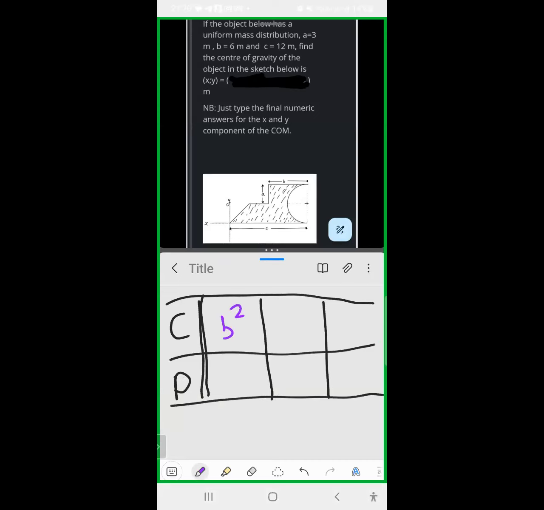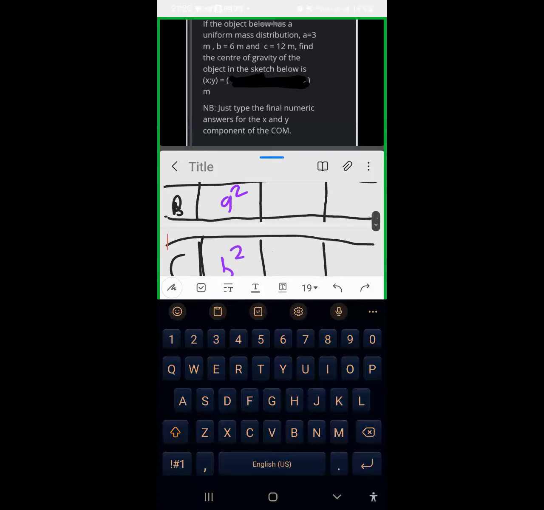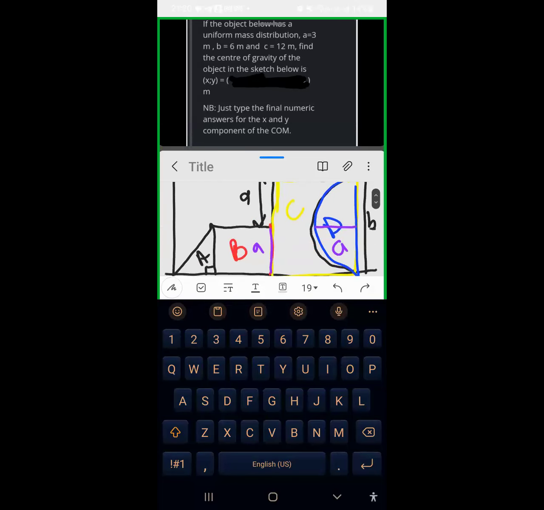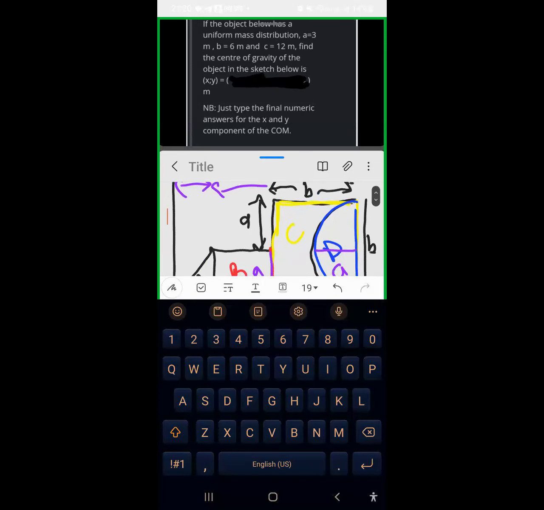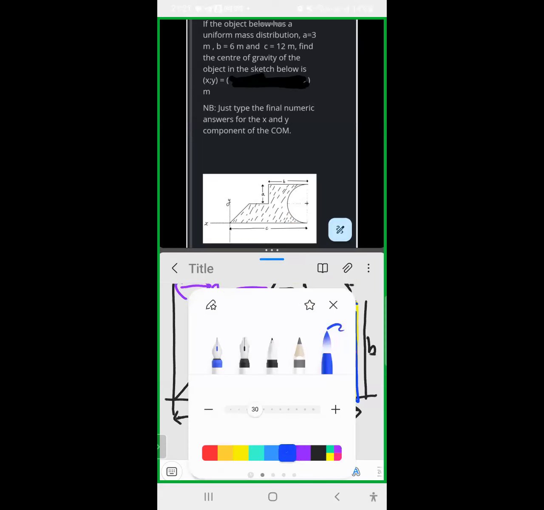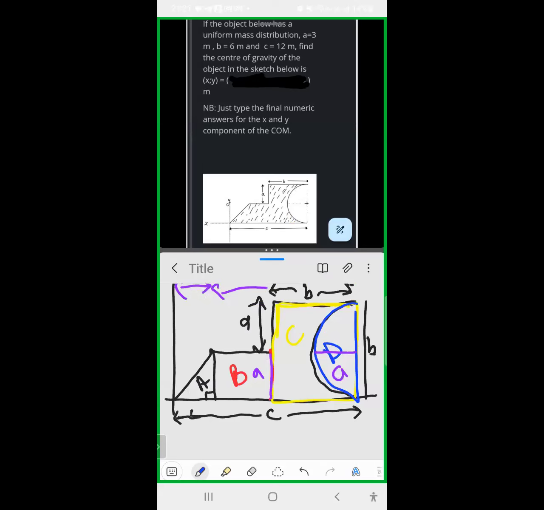Now let's go ahead and determine the area for object D, which is a semicircle. Something important: we can notice that object D, the semicircle, is a cutout. It cuts into this bigger square.